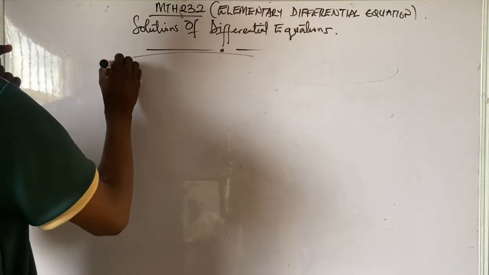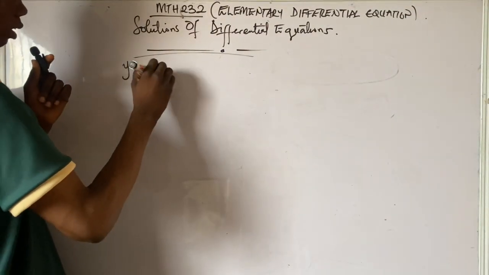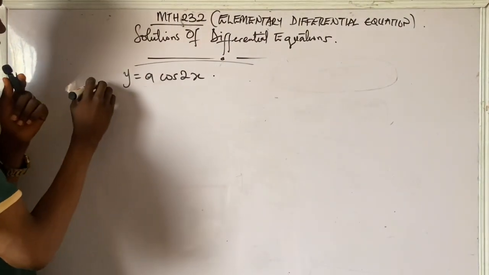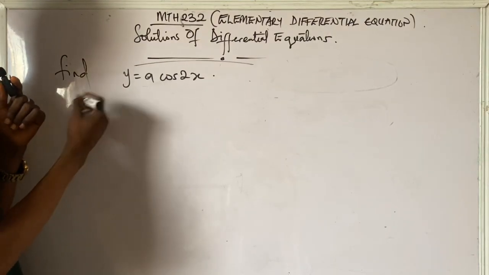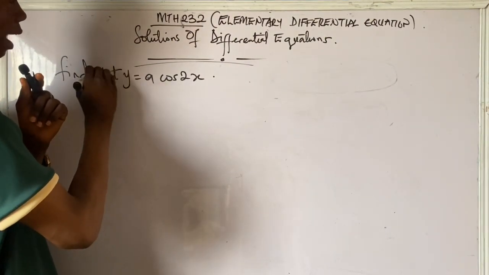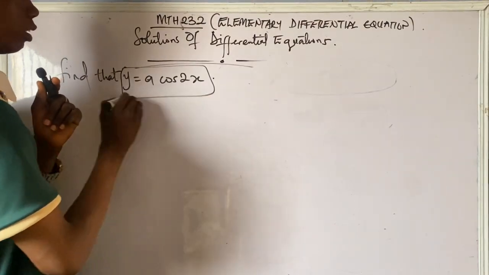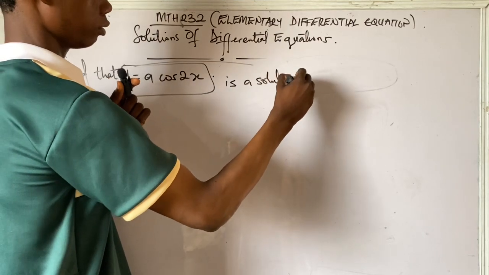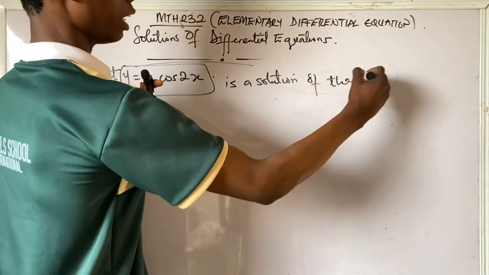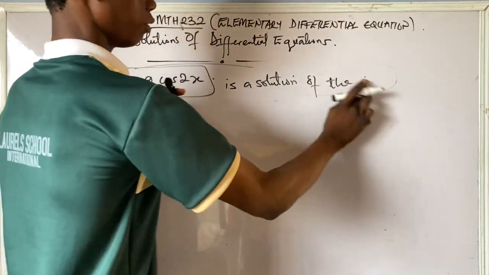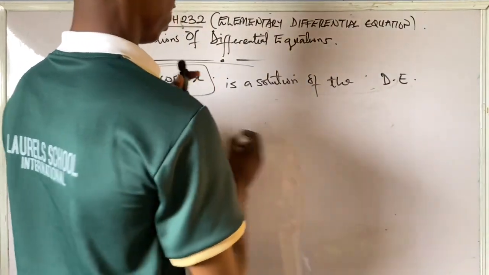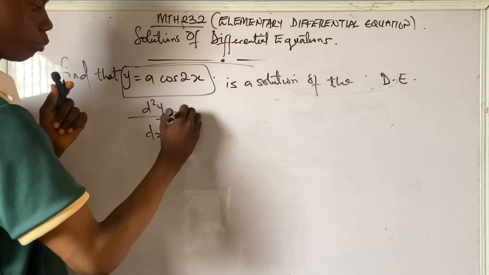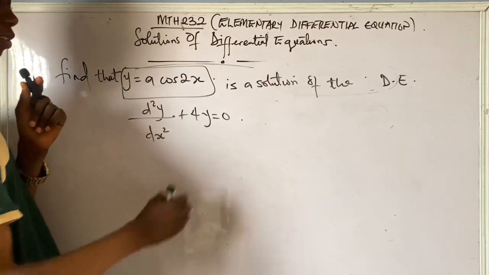Now, we want to take this: y is equal to a cosine 2x. Find or deduce that y equals a cosine 2x is a solution of the differential equation d squared y upon dx squared plus 4y equals 0.